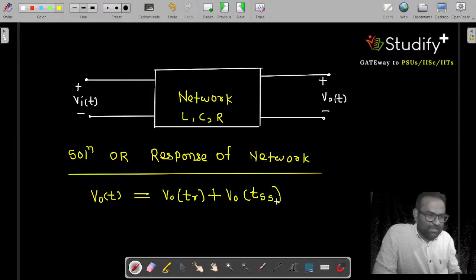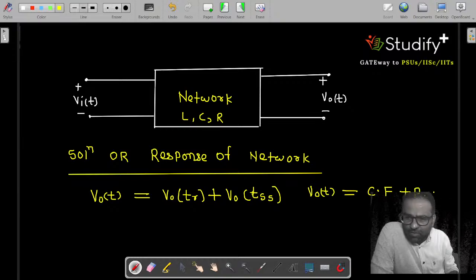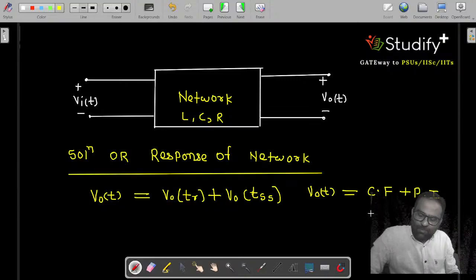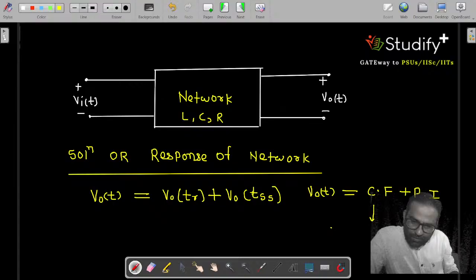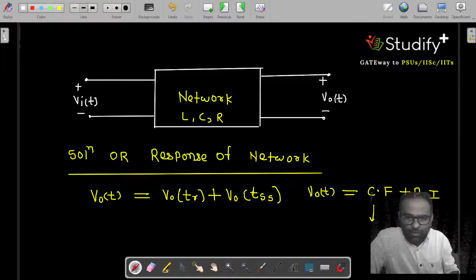Correct? Or you can say that it is divided into two parts because generally energy storing element will form a differential equation, and you are having two kinds of solution. The first one is the complementary function and the second part is the particular integral, or you can say this is response because of initial condition, or a very popular term, we call this zero input response. What does zero input response mean?